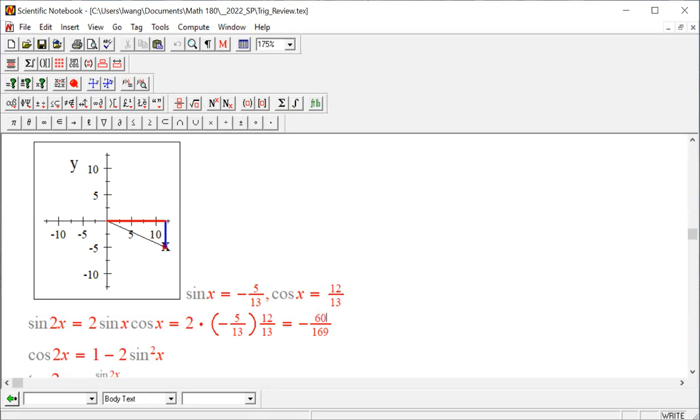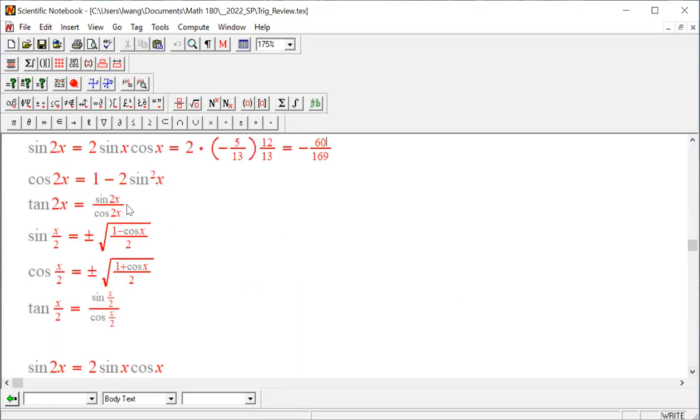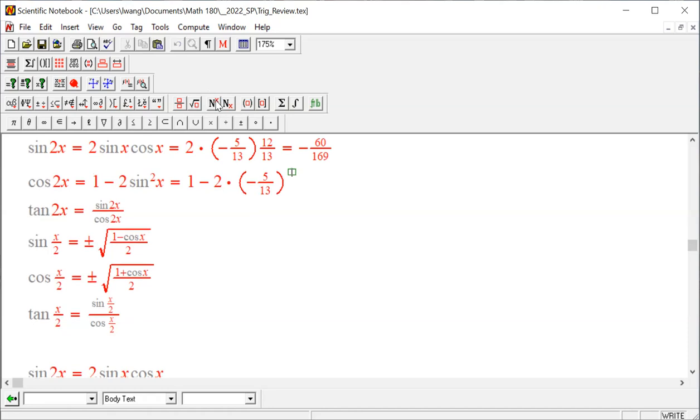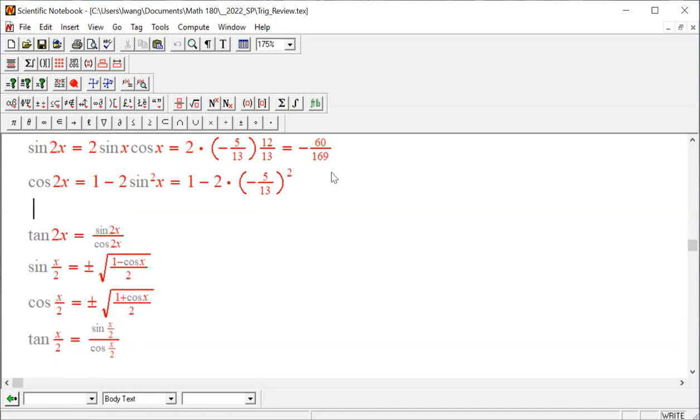Can we reduce it? No, we can't. Okay, and the next one, we're going to do 1 minus sine squared. You can use any formula really at this point, okay? And this is sine, right? Sine is -5/13, so we get this piece, right?